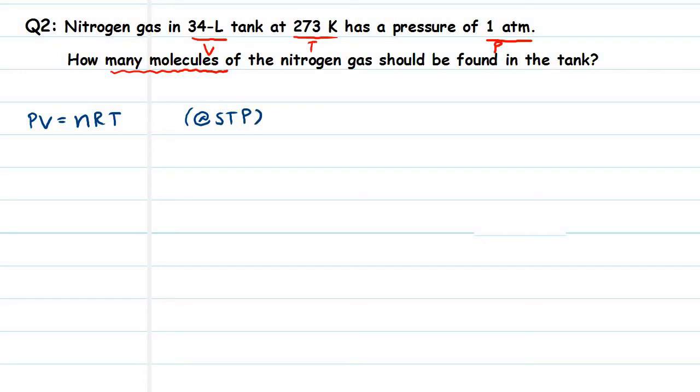So basically, to get the number of molecules of nitrogen, you need to know the mole first. So there are two approaches here. Approach 1, you can use PV equal to nRT, and then you can get n equal to PV over RT, which is going to take you some time.